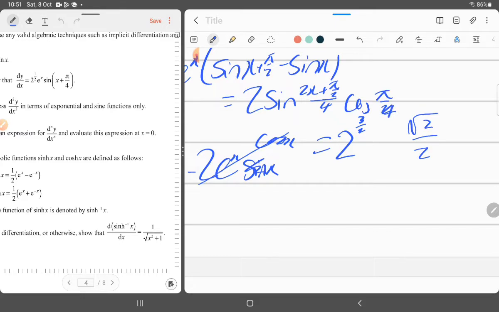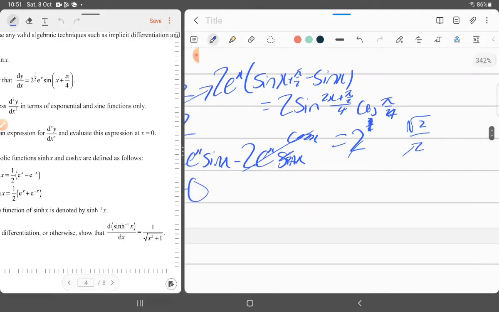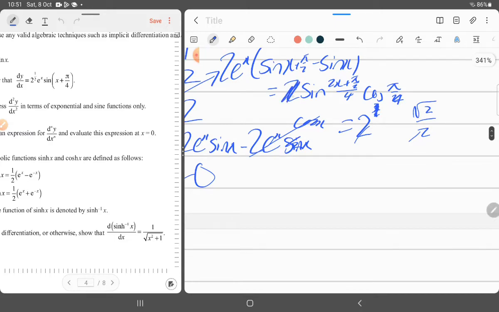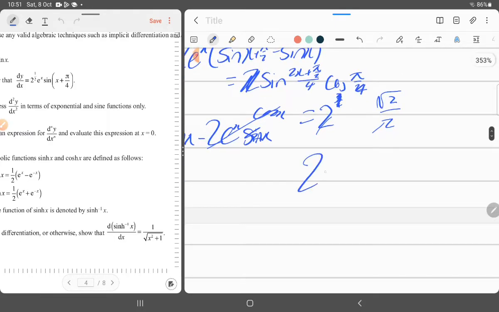No, this is square root 2 over 2. Oh yeah, then that, oh I know, it's just this that cancels out, so 2.